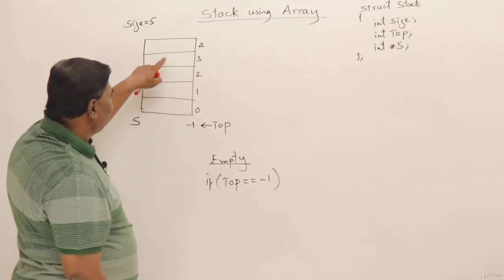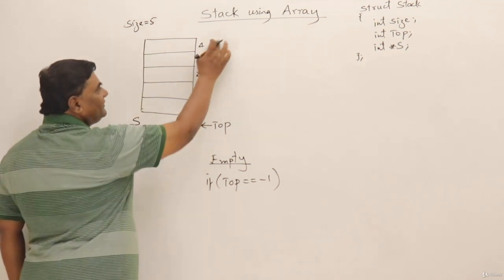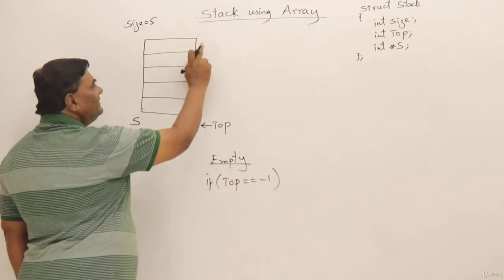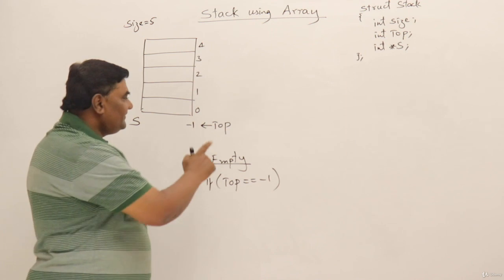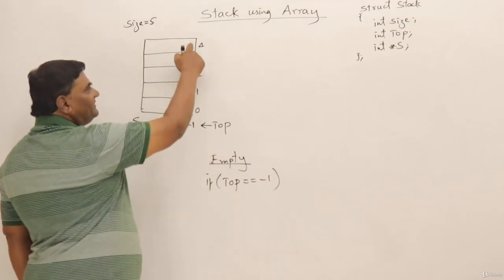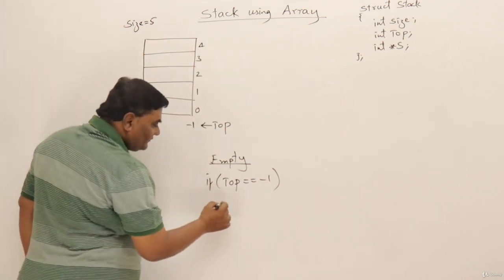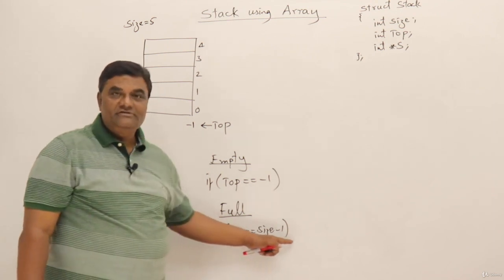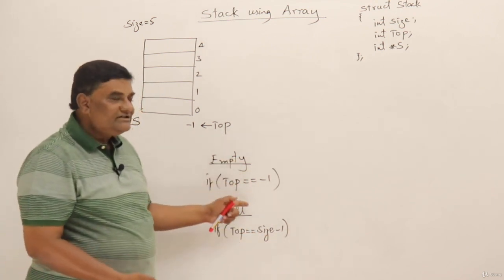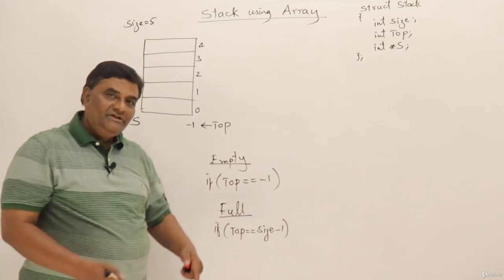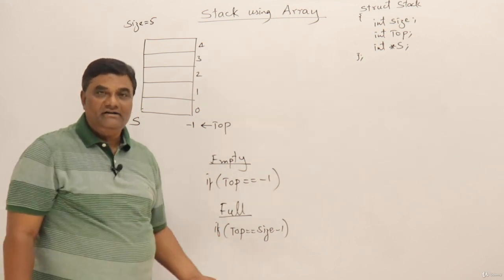If all the elements are there and the top is pointing on this location, beyond this there is no space. So what is this location? Size -1. Stack full condition is when top is equal to size -1 at this location. So I will write down the full condition: top is equal to size -1 is a stack full condition. So we know the conditions also. So we'll be using these conditions wherever required.